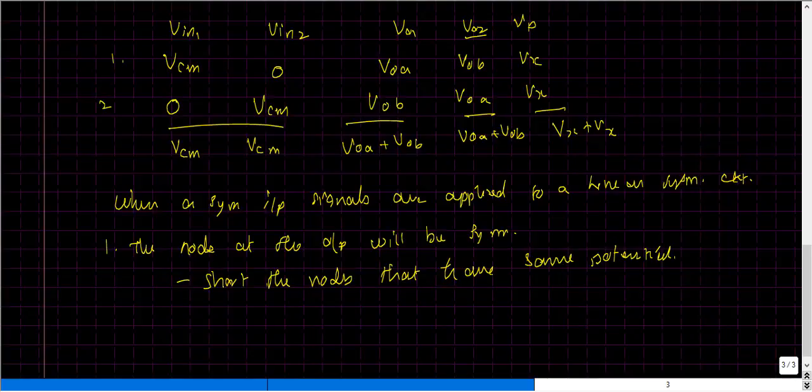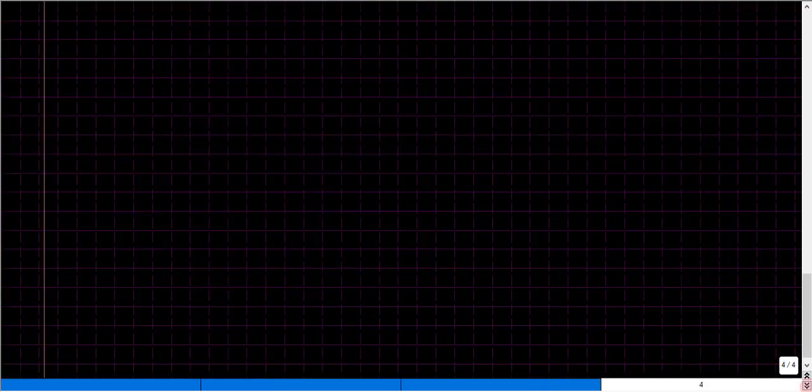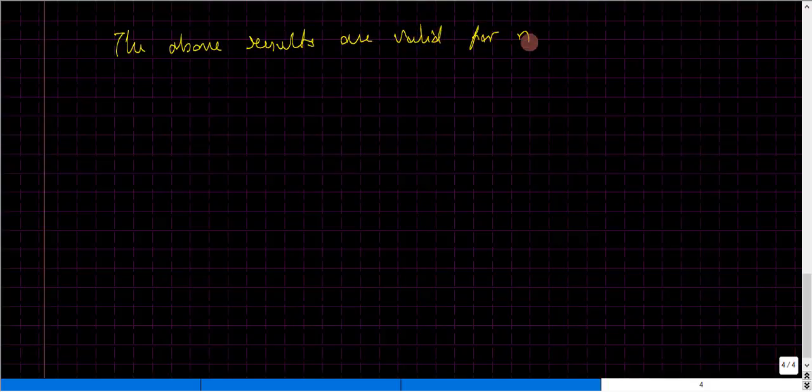So based on that, the above results are basically valid for non-linear circuits like the diff amp or the differential pair, only for small incremental changes at their inputs.